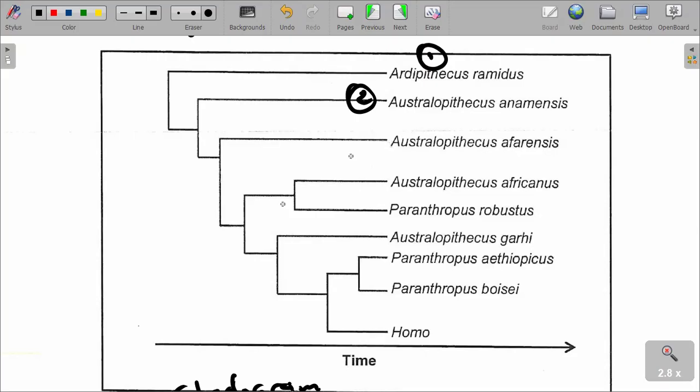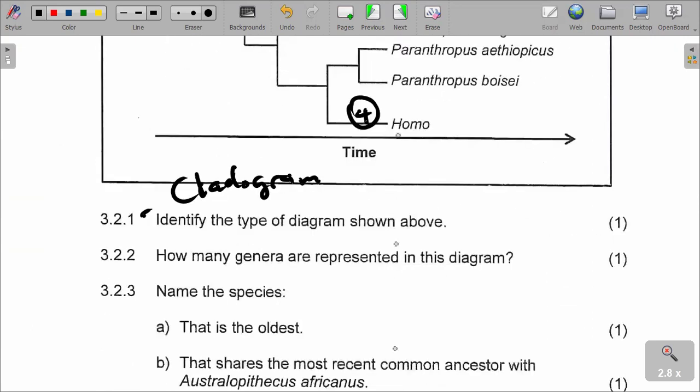And then we have Paranthropus, and then we have Homo. So our answer is that there are 4.